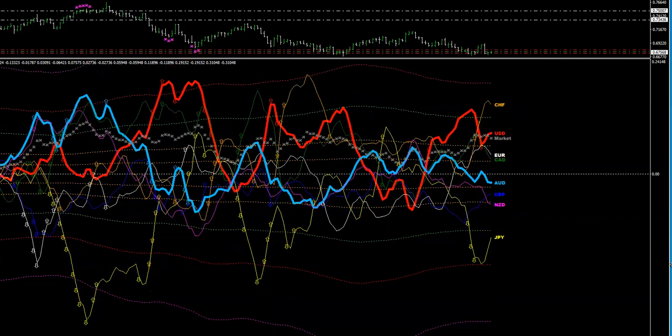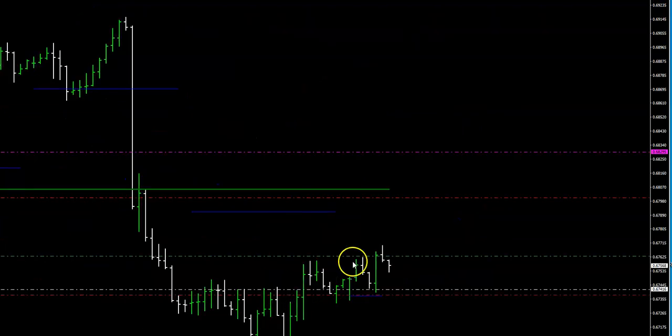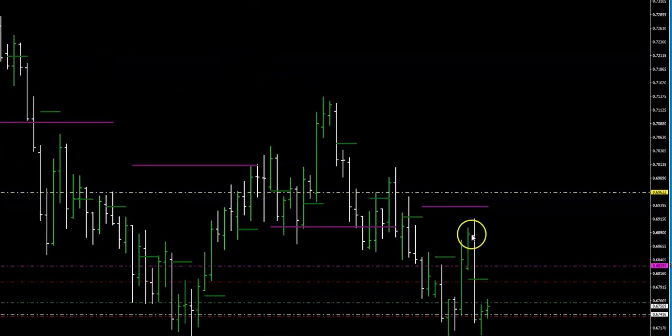But if you have a look at the Aussie USD, you'll see that there was this inefficient move yesterday or the day before, and when you get a big move like this, it's what we call an inefficient move.